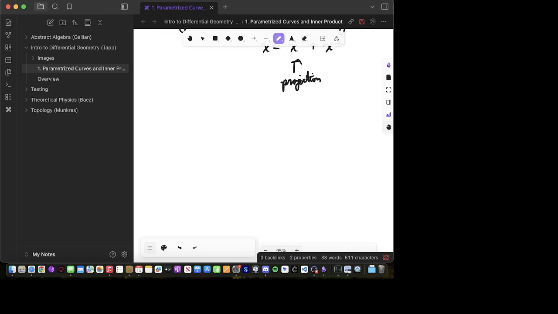Now let's talk about orthonormal vectors. Each vector must be unit length, and each pair of distinct vectors must be orthogonal. So that might look like this. They're all at right angles to each other and they all have length 1.